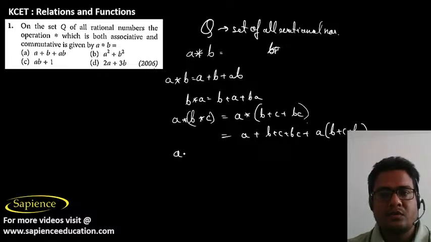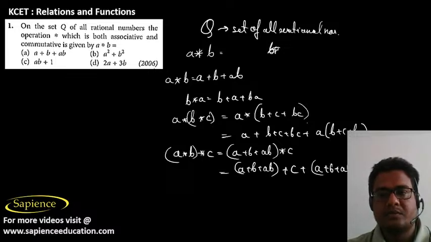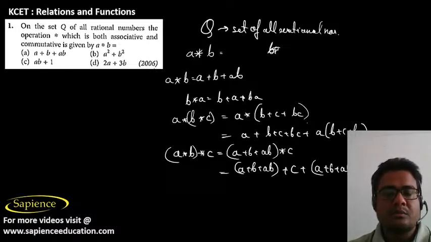But if we do (A star B) star C, that will come as (A plus B plus AB) plus C plus (A plus B plus AB) C. So they are not obviously the same. So the first one is commutative, but it is not associative.